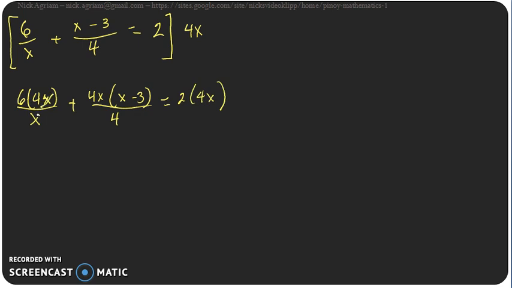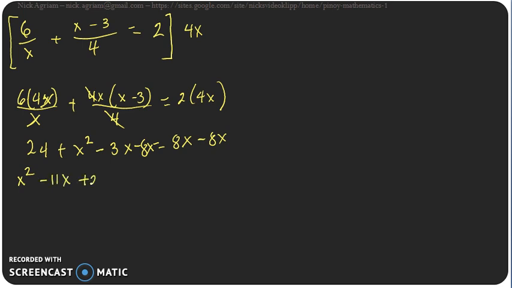Now the x will become 1, so I have only 24 there, plus the 4 will become 1, then I have only x squared minus 3x is equal to 8x. If I subtract 8x from both sides of the equation and rearrange them, I have x squared minus 11x plus 24 is equal to 0.